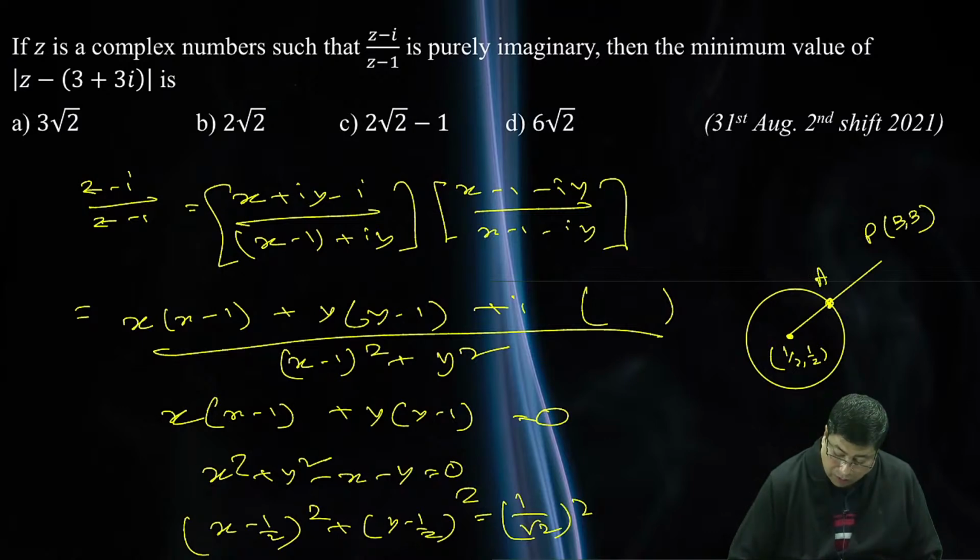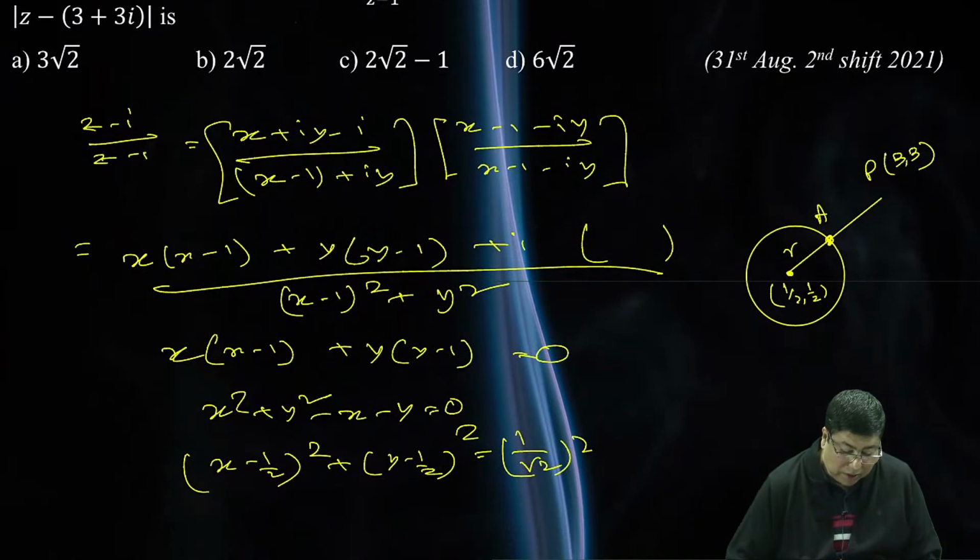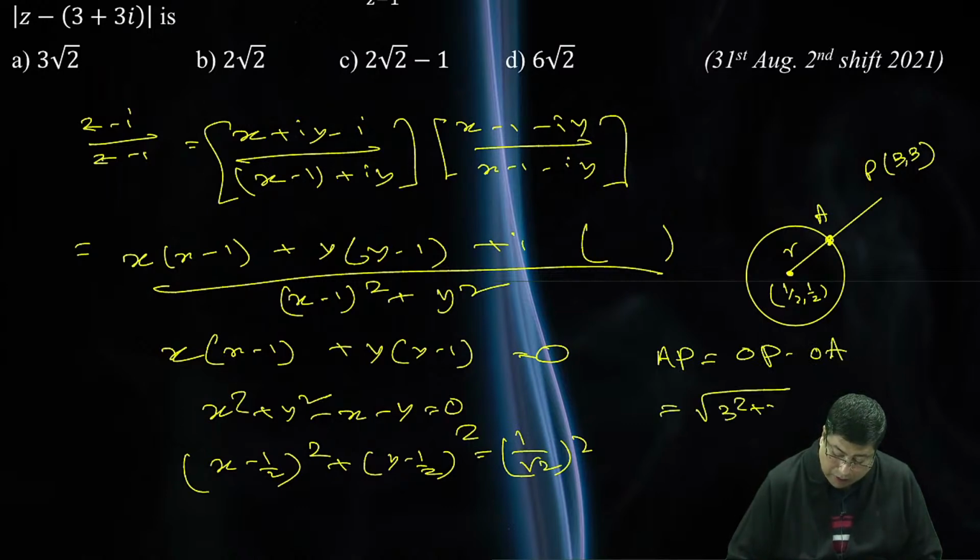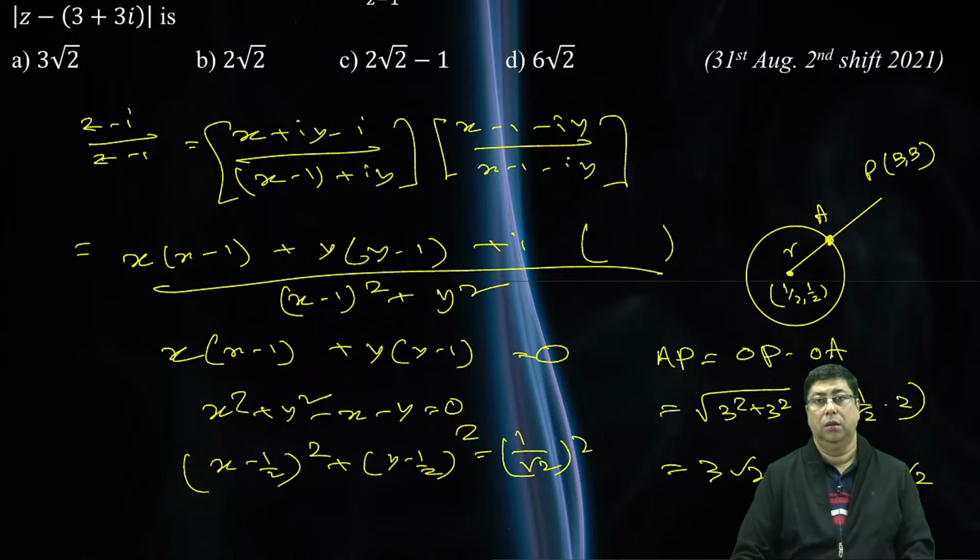We know the minimum distance AP is OP minus OA. So we can write root over 3 square plus 3 square minus 1 by root 2 into 2. That is 3 root 2 minus root 2, equal to 2 root 2. Let us go to the next sum.